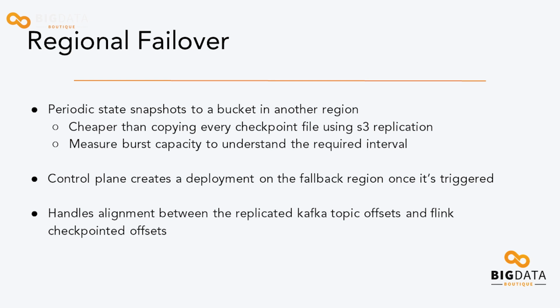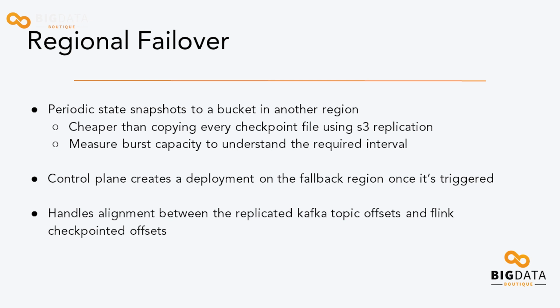So once the failover is triggered, that's a system-wide thing. Obviously, all the systems over there have some kind of disaster recovery implementation in a backup region. So the control plane, which is in itself distributed and fail-safe, creates the deployment on the fallback region once it's triggered.